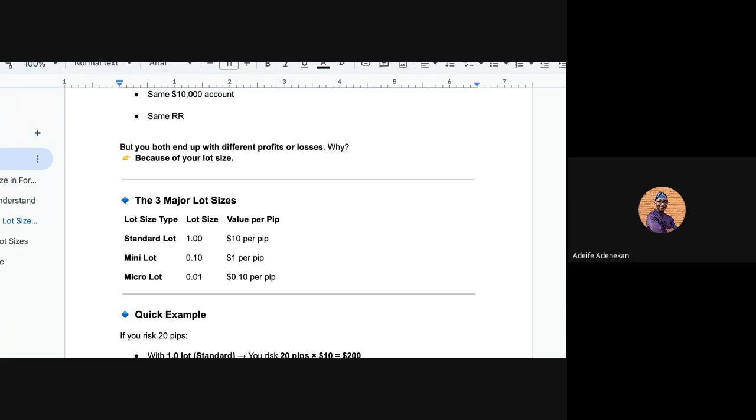A standard lot size means you are entering that trade with anything from 1.00 lot size. That means for every pip movement, for or against you, you will be making or losing $10.